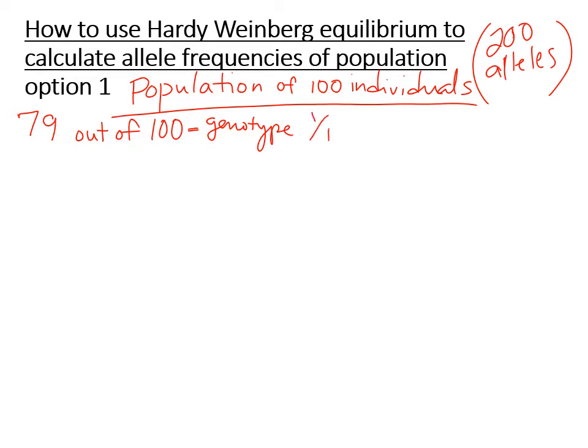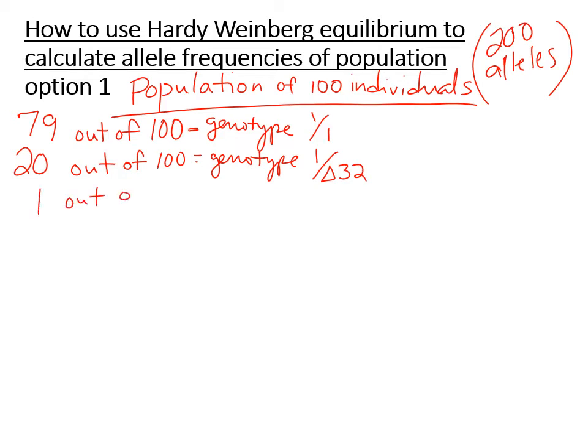This is actually a real genotype I'm going to use for this example. 20 out of 100 have the genotype 1, delta 32, and only 1 out of 100 has the genotype delta 32, delta 32.